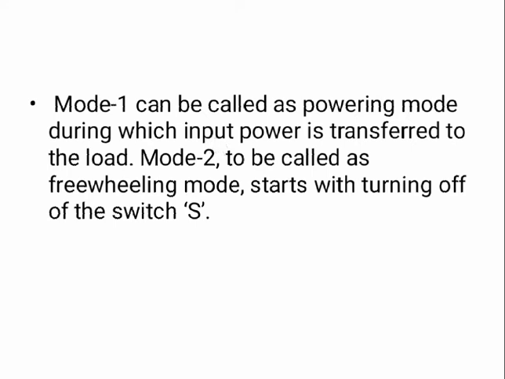But in mode 2 switch S is off, so current flows through the freewheeling diode D2. So this mode is known as the freewheeling mode, which starts when the switch S is turned off.